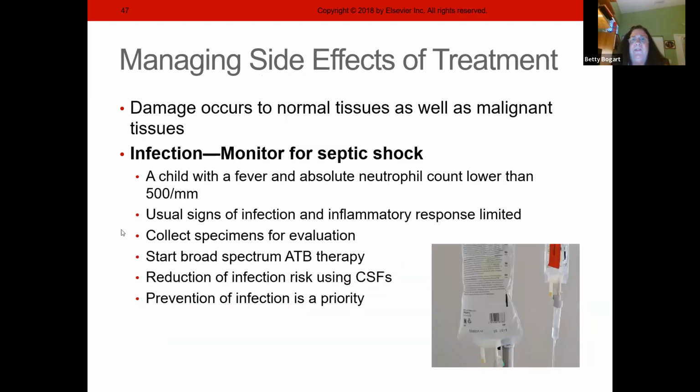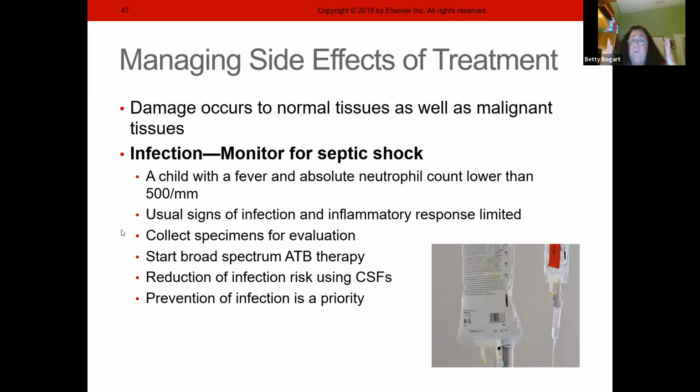As nurses, we're going to have groups of patients if we work on a pediatric floor, and even on an adult floor. One of the things we need to monitor, especially with immunosuppressed patients, children with cancers, adults with cancers, is that they're not going to have a great immune system. Neutrophils help kill or get rid of infection, right?